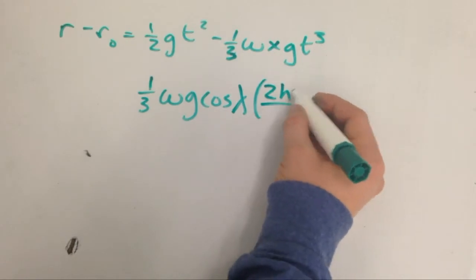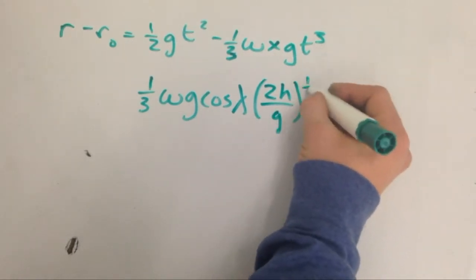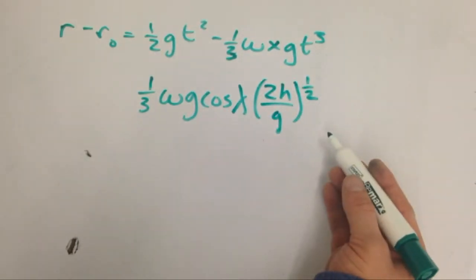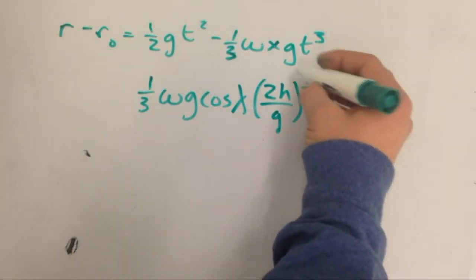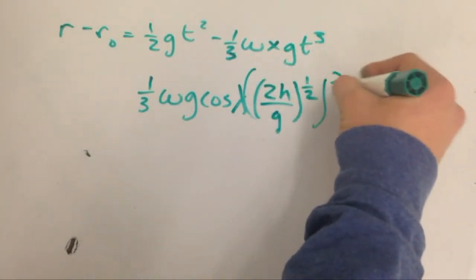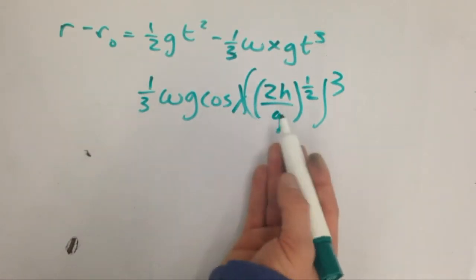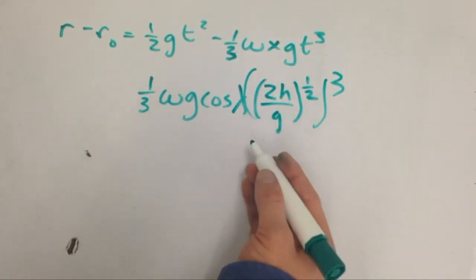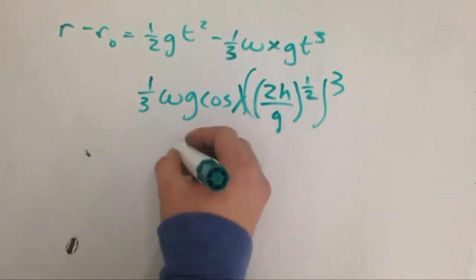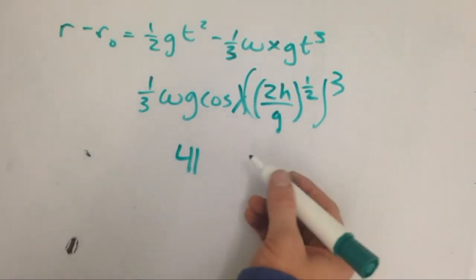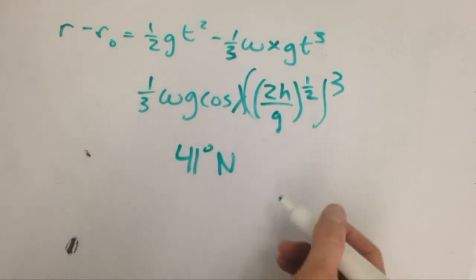This cross product simplifies to 1/3 omega g cosine of lambda times t to the third, where t is equal to (2h over g) to the 1/2. H is just the height of the basin above the ground, and lambda is the latitude.